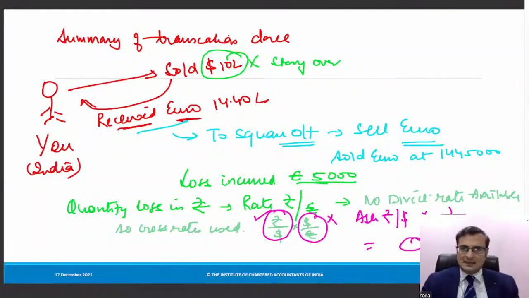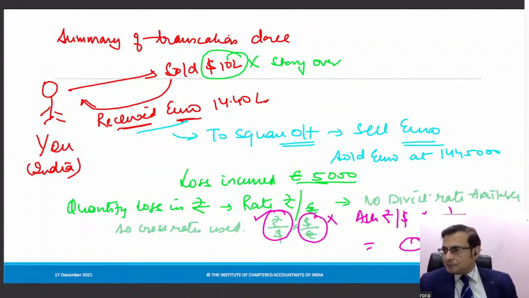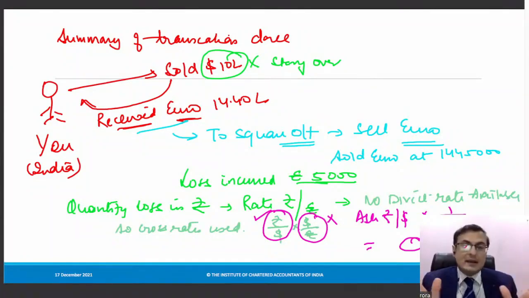Nothing else. The question is asking us to quantify the loss in rupees. He did not sell euros in rupees. He squared off the euros that he received from dollars.